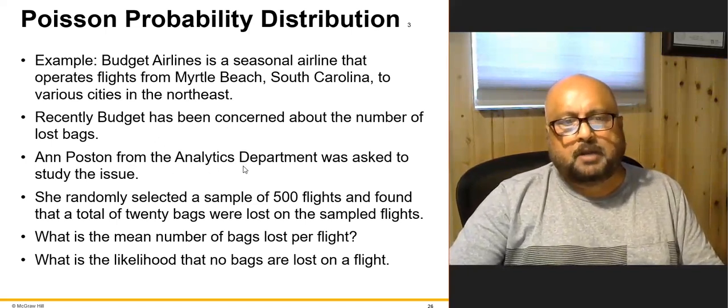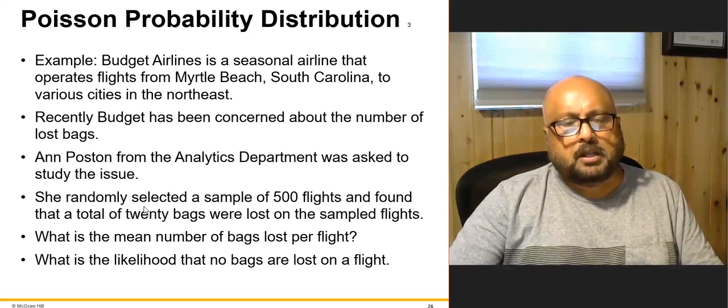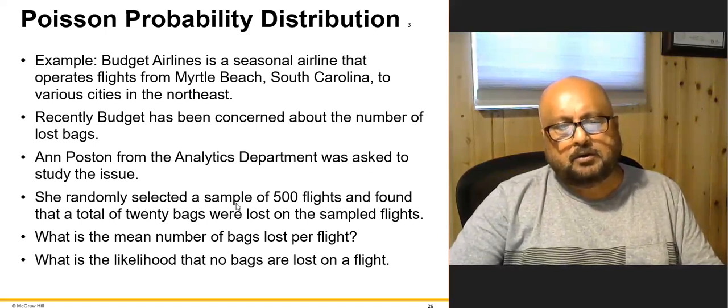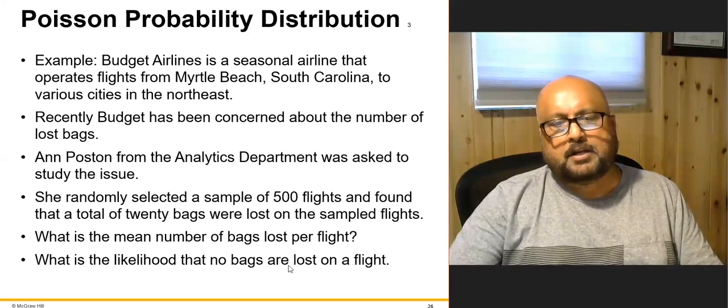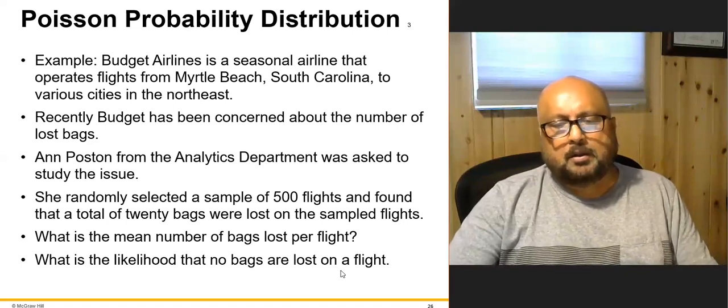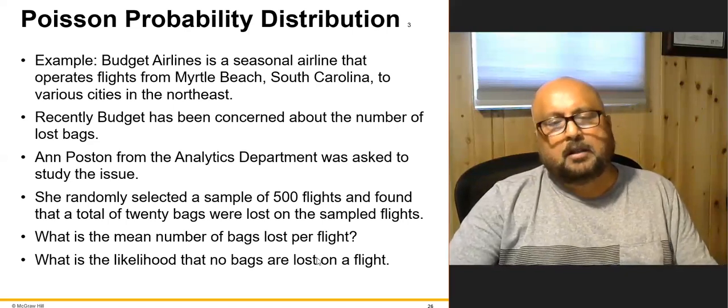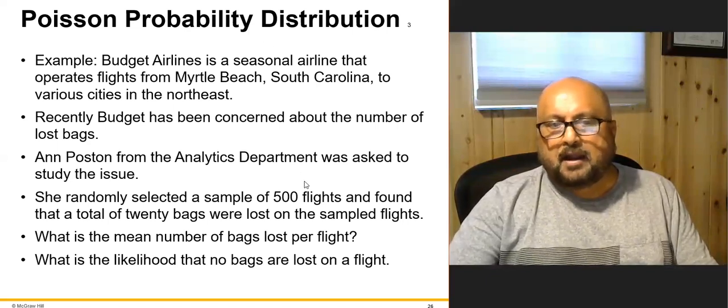Somebody from the analytics department looked into the issue, and she looked at a sample of 500 flights and found that 20 bags were lost. So what is the mean number of bags lost per flight, and what is the likelihood that no bags are lost on a flight? We can use the Poisson probability distribution for that.